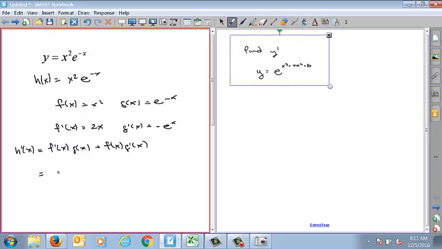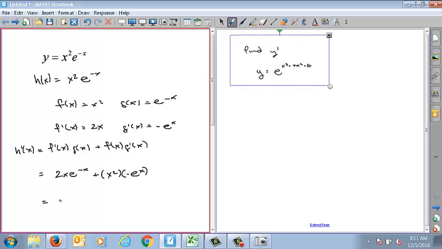So then we plug them in. So we just get x squared times negative e to the negative x plus, actually that was the wrong order. That doesn't really matter, but I'll be consistent here. So it's f prime of x times g of x plus f of x times g prime of x.